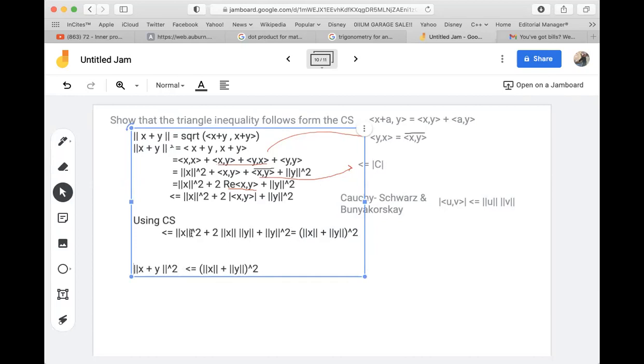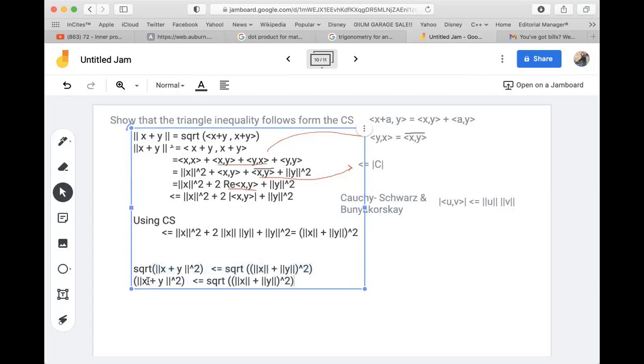So we can add square root to both sides. Okay, then now we will get this one as in the axiom just now. So it is proven. Okay?